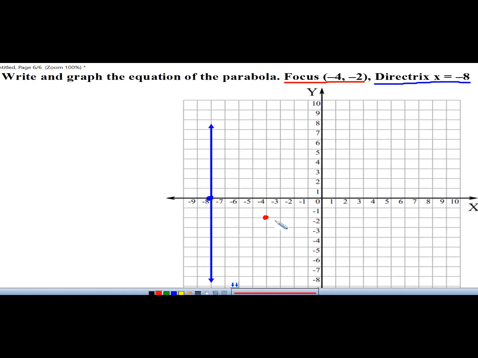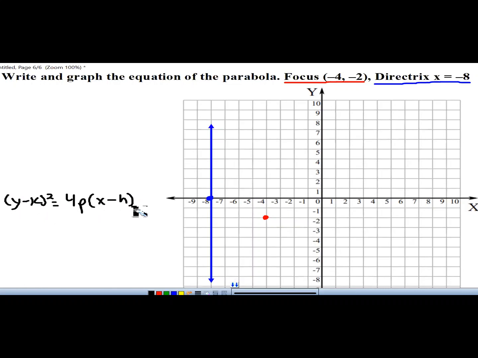Which direction is the parabola opening towards? To the right? To the right, that is correct. So that means this is a horizontal parabola. So we're going to use what equation? (y - k)^2 = 4p(x - h).